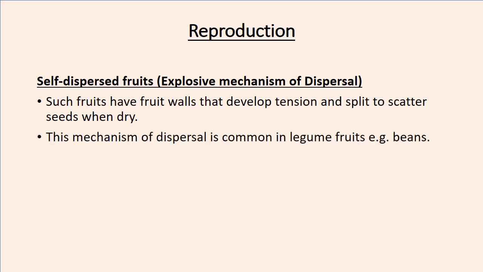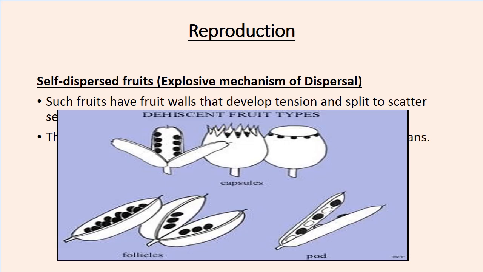This mechanism of dispersal is common in legumes such as beans. Let's just take a look at a picture. So this is how they are. When they get dry, they are going to throw the seeds a bit away from where they are. So this is the characteristic of self-dispersed fruits.